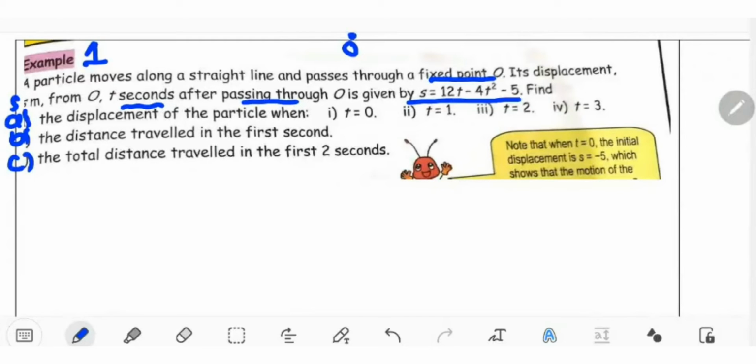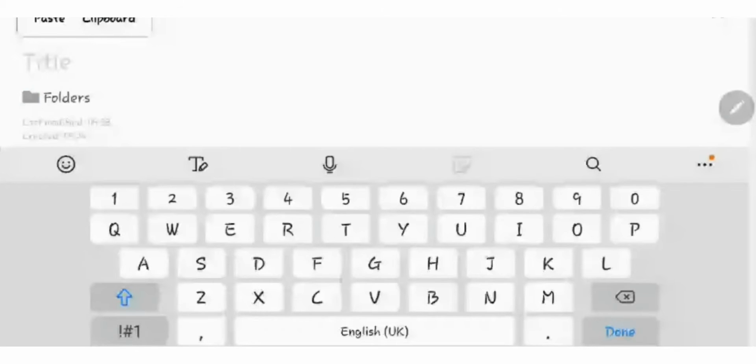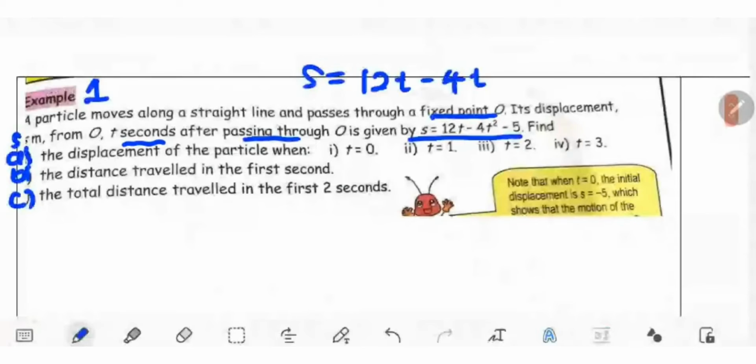So this is the function right now. S equals t minus 4t squared, 4t squared minus 5. Okay.